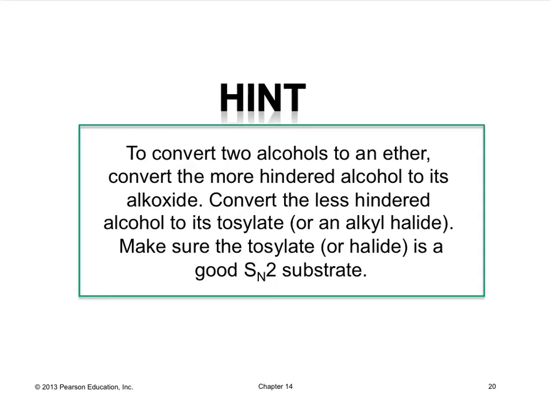An important thing to note is that to convert 2 alcohols to an ether, always convert the more hindered alcohol to its alkoxide, and convert the less hindered alcohol to its tosylate or alkyl halide. Make sure that the tosylate or halide is a good SN2 substrate.